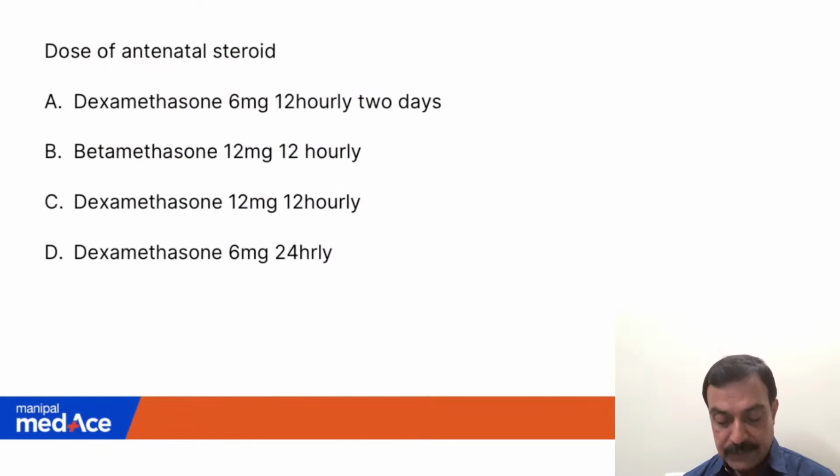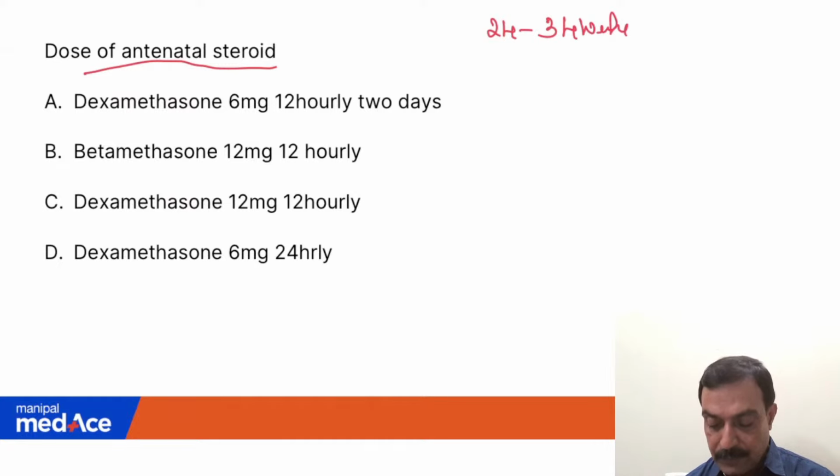Next, again a question from neonatology: a dose of antenatal steroids. Antenatal steroids are used from 24 weeks of gestation to 34 weeks of gestation.